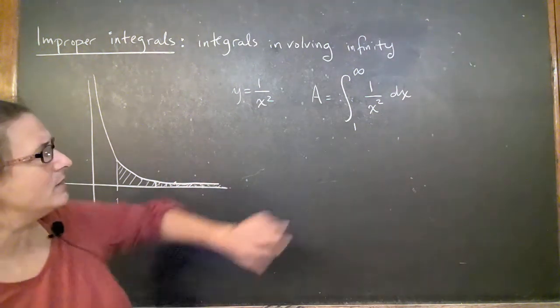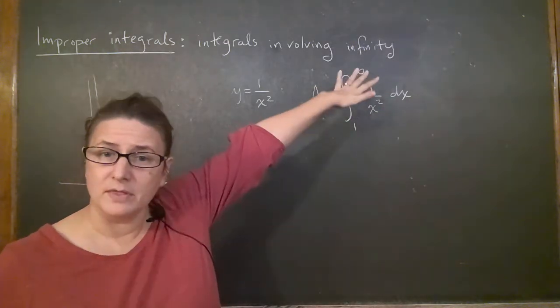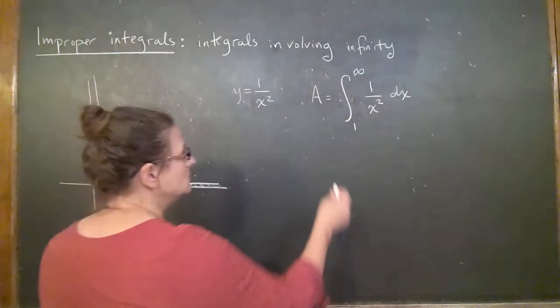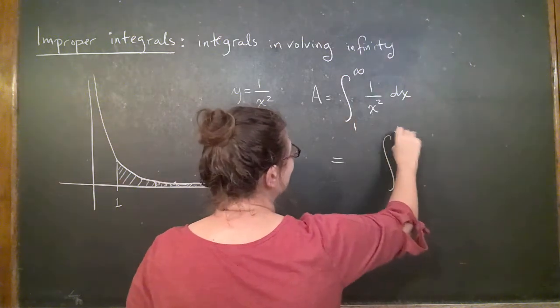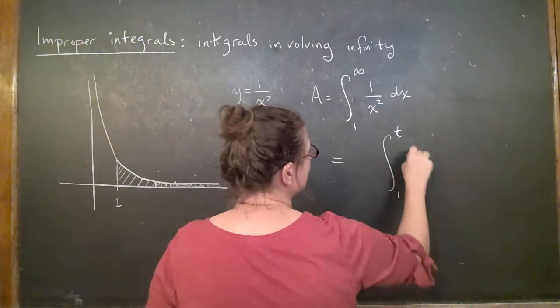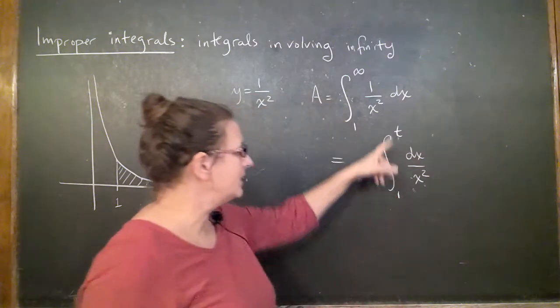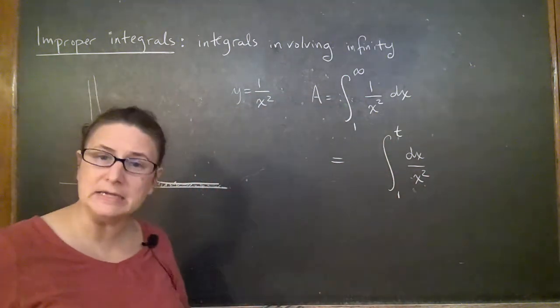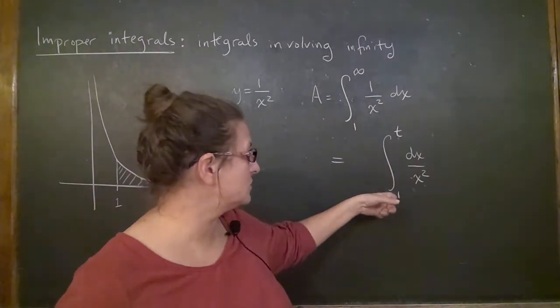In fact, the way we want to define what this means when there's infinity in one of the limits of the integral is we don't consider that, which isn't defined, but we consider this, which is defined, 1 to some number t. Then I do this integral, which I can do, because these are just numbers.